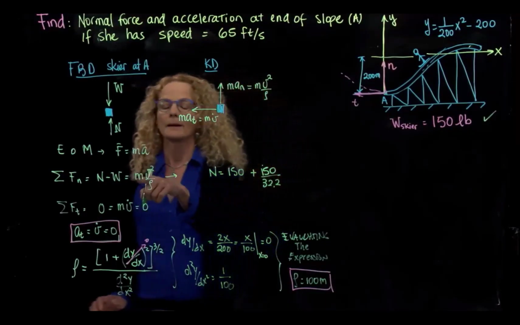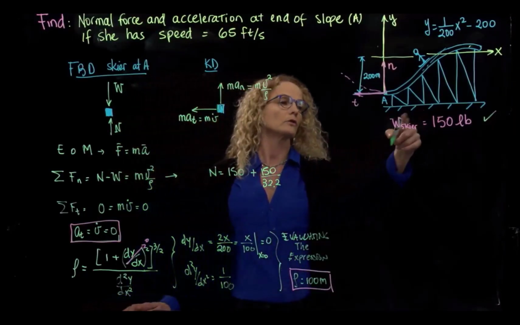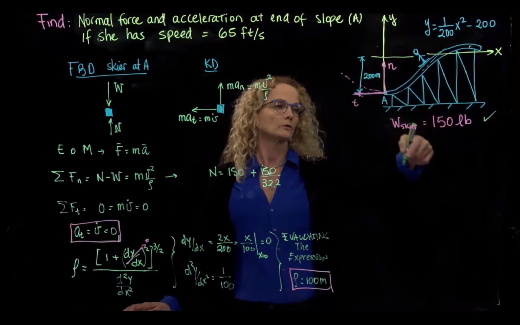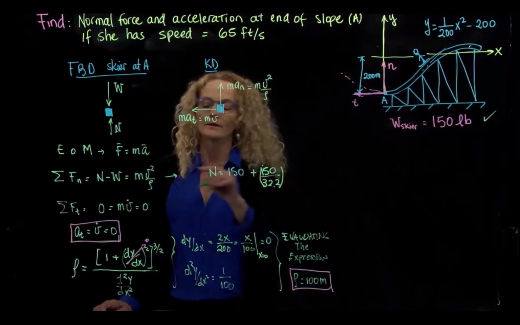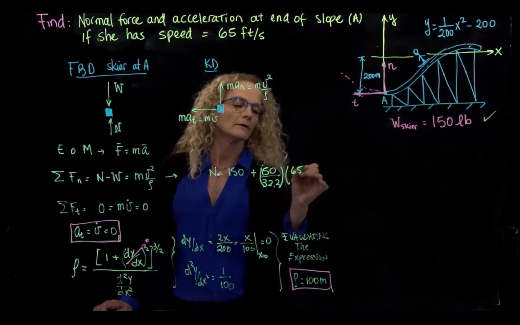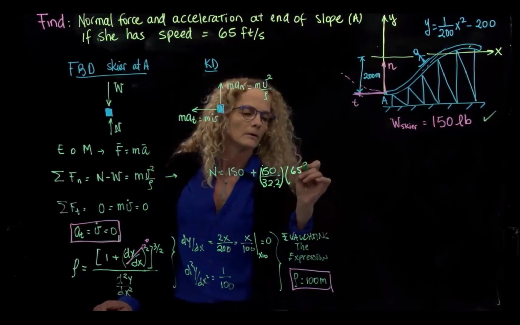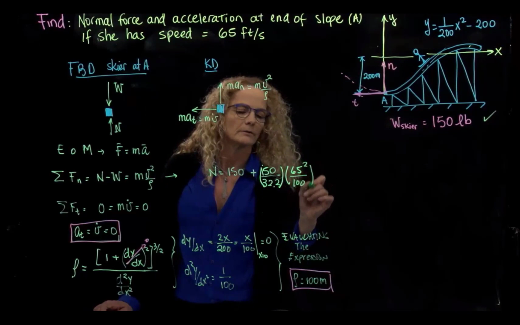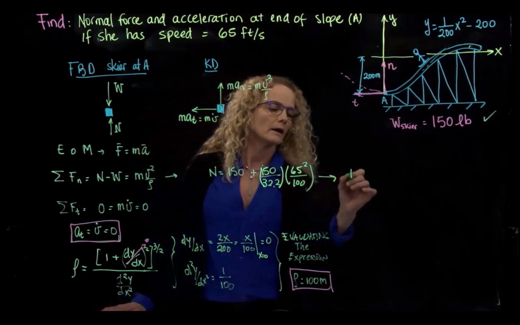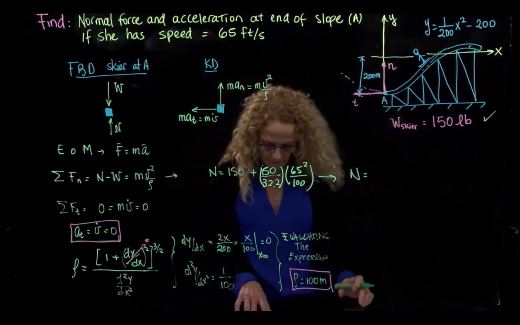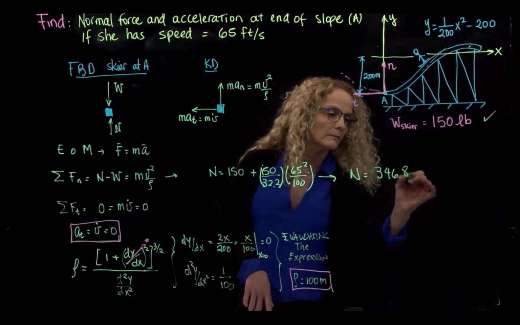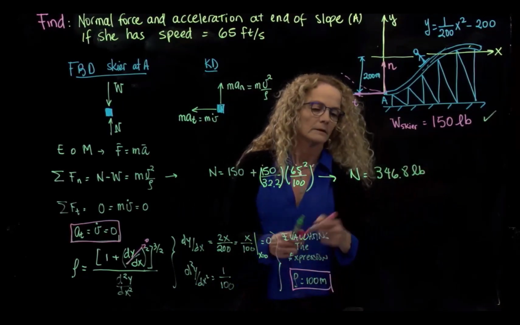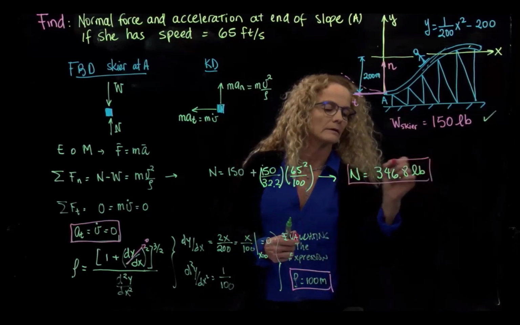You know that in customary units the weight is a primary unit, and you have to divide it by gravity to find the mass, times the given velocity, 65 squared, divided by 100, which is my radius of curvature. I have already calculated this value: 346.8 pounds. This is the second value that we get as a result.